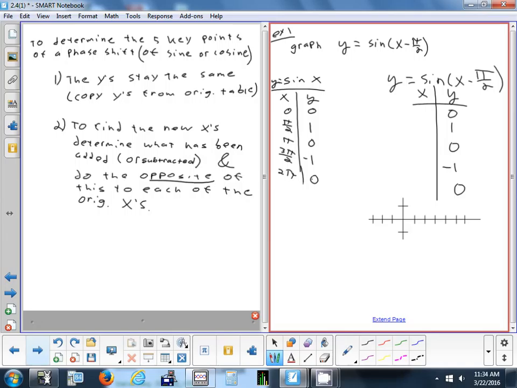All right, now we've got to figure out what's going to happen to the x values. The x values do not stay the same. So look at what's been added or subtracted, and we're going to do the opposite of that to all my original x's. Right, Kate, in this case, have I added or subtracted?